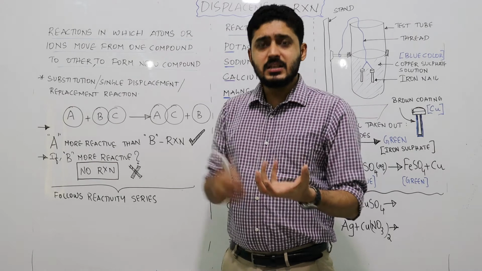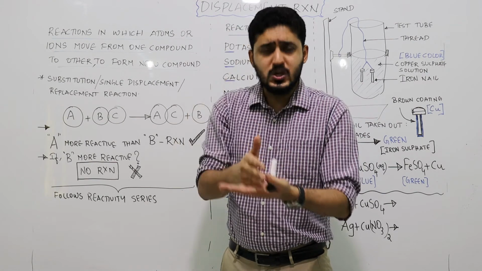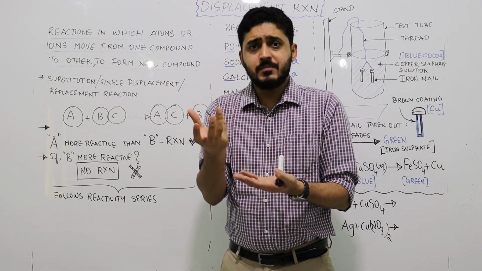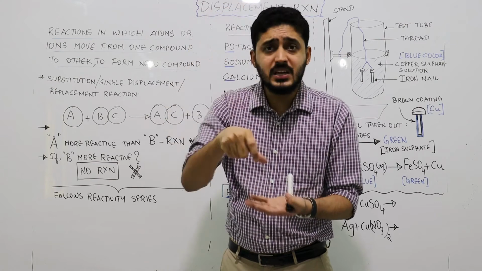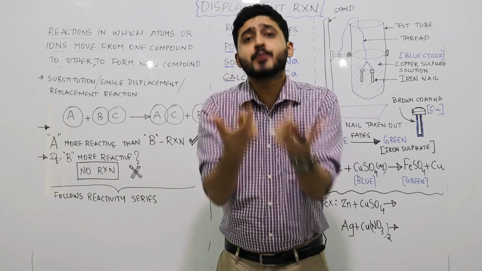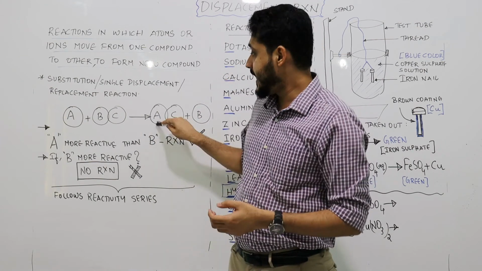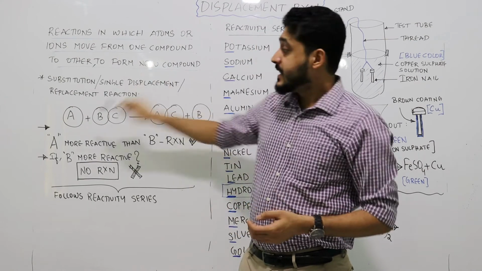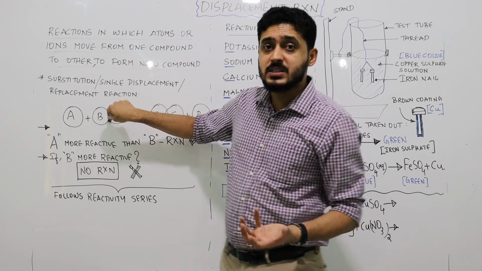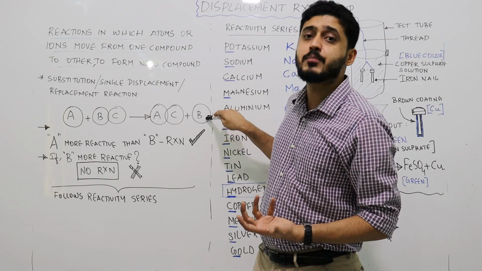When A replaces or substitutes or displaces B from BC, you will get a new compound which is a combination of A and C, and B will get separated out and you will get the second product.